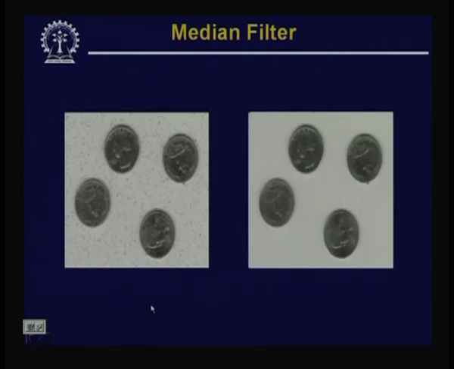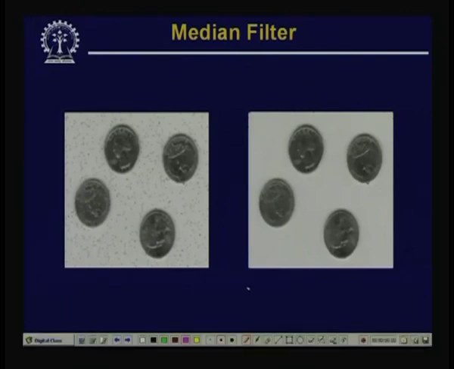Coming to the second one, again this is one of the images that we have shown earlier, a noisy image having 4 coins. Here again you find that after doing the smoothing operation, the edges become blurred. At the same time, the noise is not reduced to a great extent; this particular image is still noisy. So, if I want to remove all this noise, I have to smooth these images using a higher neighborhood size, and the moment I go for a larger neighborhood size, the blurring effect will be more and more.